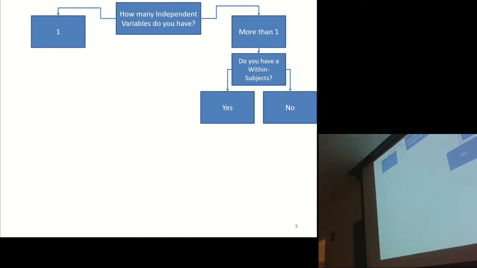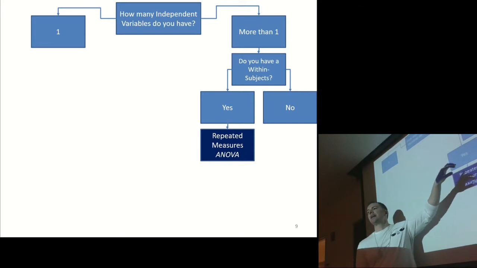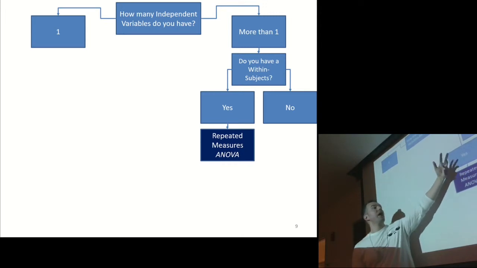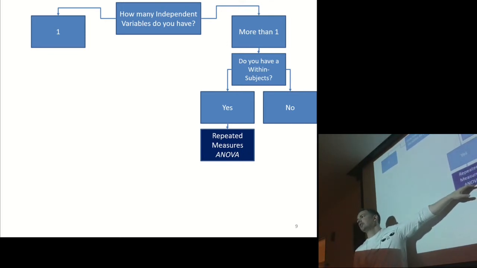If you do, then you're going to run a repeated measures ANOVA. And technically, it's called a mixed ANOVA because you might be mixing within subjects and between subjects. The reason I put it here is because SPSS uses this to run both of those scenarios.